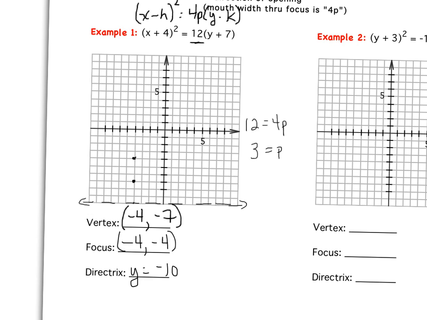Then to find other points on our graph, we know the width of our parabola is equal to our 4p. So the width of our parabola through the focus is 12. So at the focus, our parabola is symmetric. So I'm going to go halfway to the right 6 units and half of the 12 to the left, so 6 units in that direction.